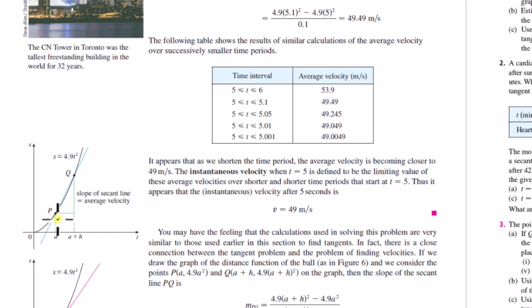At point P, which in this case is when t equals 5, they're calculating the change in position between the position at time t equals 5 and the position q at a time very, very close to 5 but above 5, and then dividing by the change in the independent variable, the change in time.